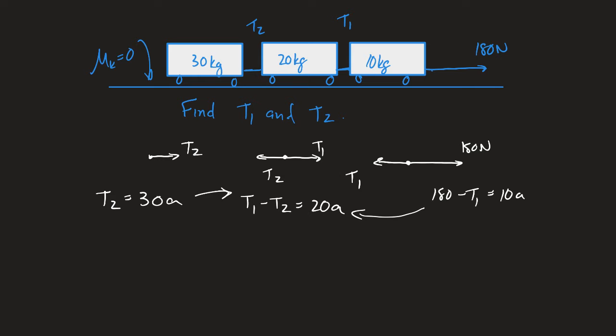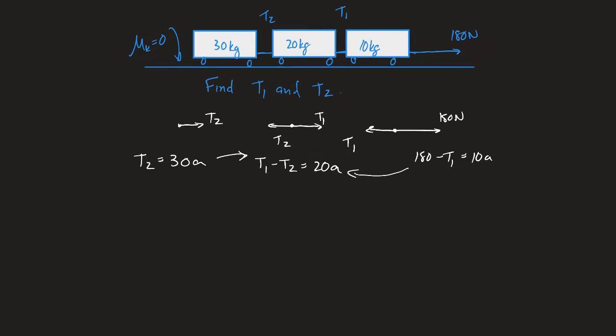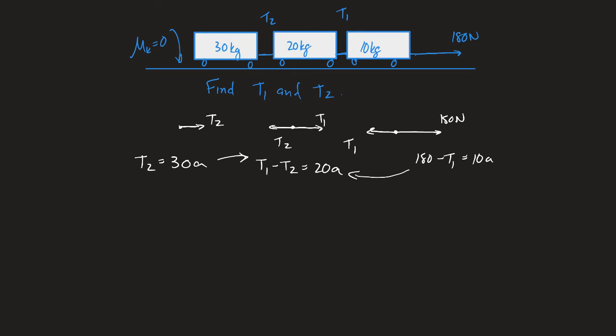We refer to the tensions in this problem as internal forces. Ultimately, there's an external force of 180 newtons working on the whole train. The internal forces may or may not be all that important. You're asked to find them, though, so we need to identify them. So I'm going to do the substitutions here. I have to solve this for T1, and I'm kind of done explaining algebra, but I will if I have to.